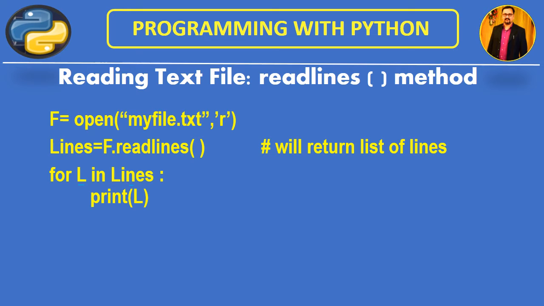So here again we are using a for loop to read all lines one by one. For L in lines, this is the loop. L will take one line at a time from lines. Lines is the list, and then it will print L, meaning this loop will iterate through the list of lines and it will display one line at a time, and then finally after reading all lines, close the file.